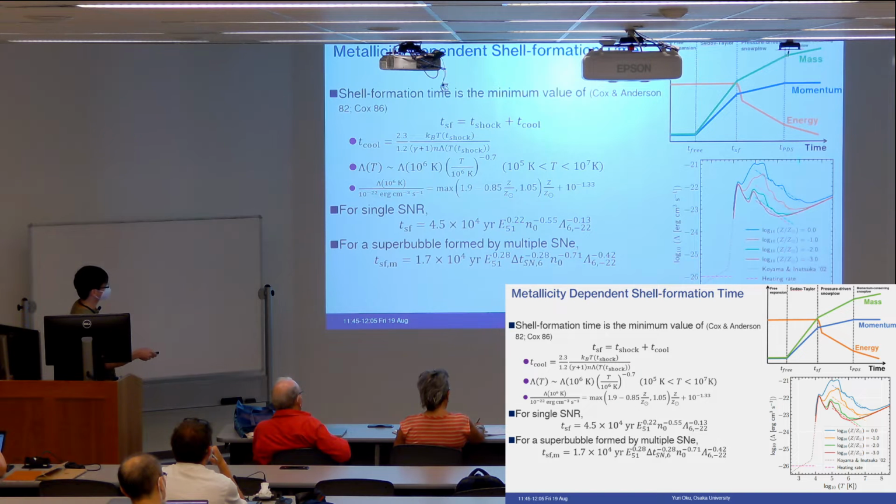So I fit these cooling functions with this fitting function to obtain the metallicity dependent shell formation time. For an SNR formed by a single supernova, the shell formation time is this. For a superbubble formed by multiple supernovae, the dependence on the time interval of each supernova enters, and the shell formation time becomes like this.